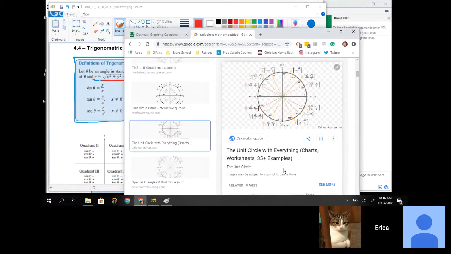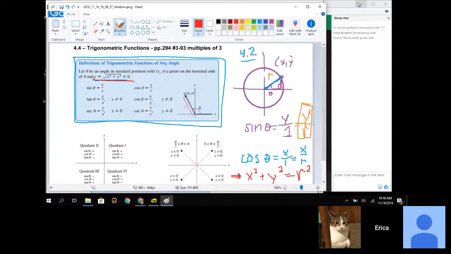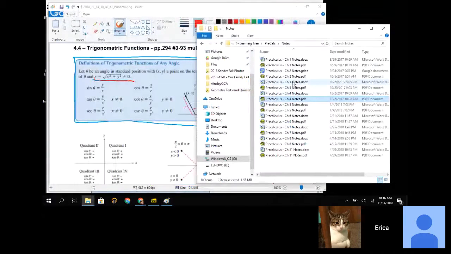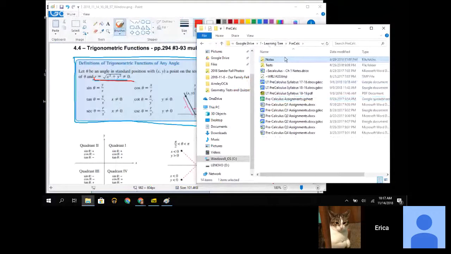I can't find a good unit circle. All right, take 20. Let me actually just pull up my unit circle that I have. Unit circle, where are you? I don't even think it's in my notes.